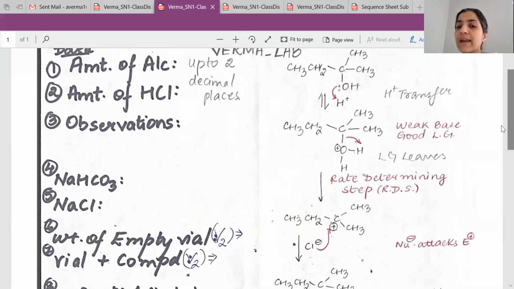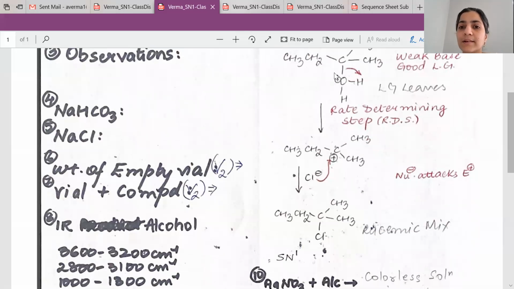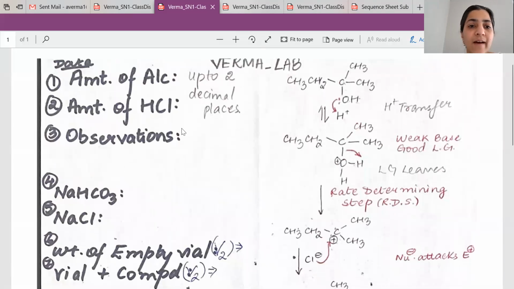So once you have created a good leaving group, the first step is the leaving group leaving and the flat planar sp2 hybridized carbocation getting formed. This Lewis acid, the carbocation that has been generated, will be attacked by the nucleophile. Within our system, we have the proton as well as the nucleophile.